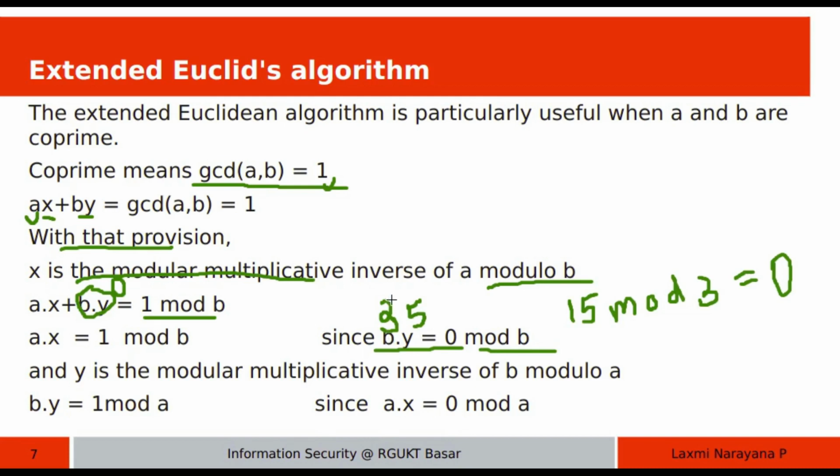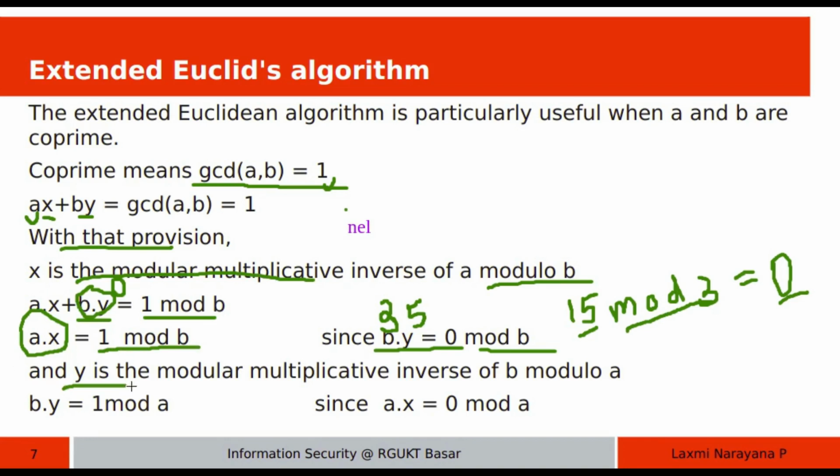Suppose b equal to 3 and y equal to 5, then by will be 15. If we do modulo arithmetic over 3, it will be 0. Means this term will be 0. a into x will be 1. This a and x are multiplicative inverses of each other over modulo b arithmetic.